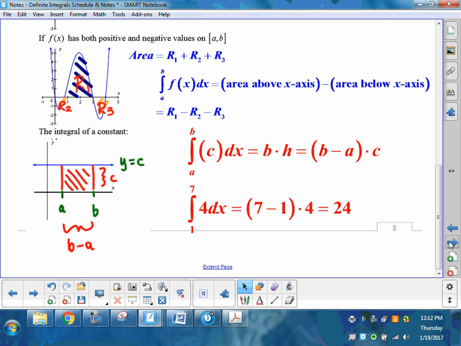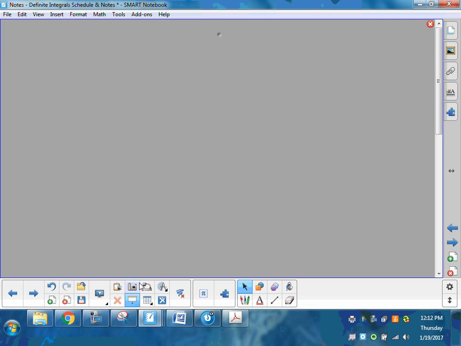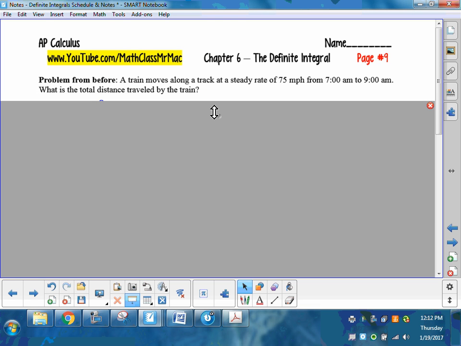Now, let's see for this next one. Go through right now, please, and do this problem out. But I need you to write it as an integral. Read this question, please.